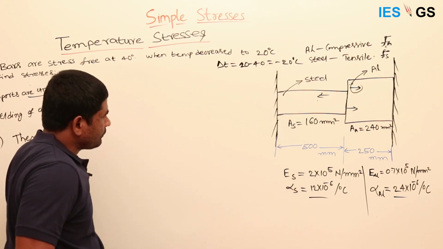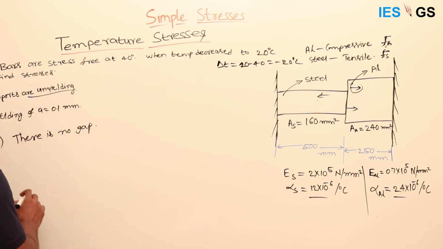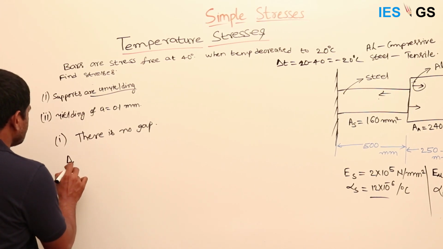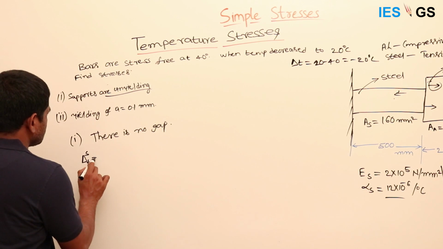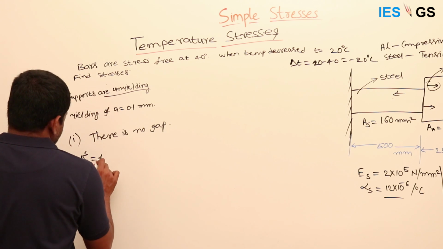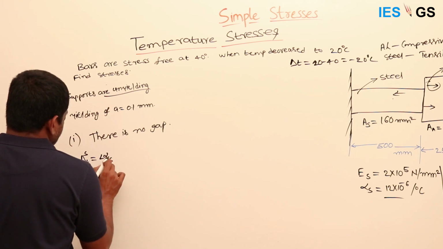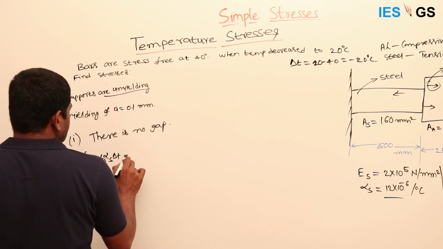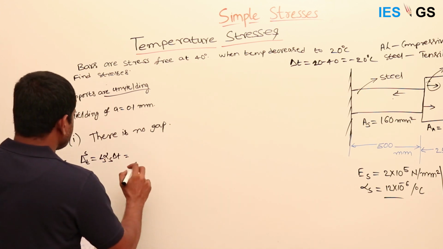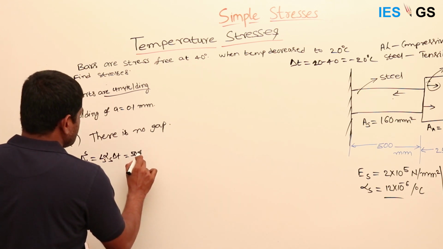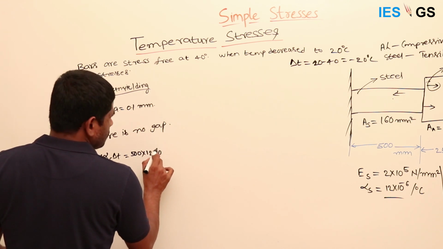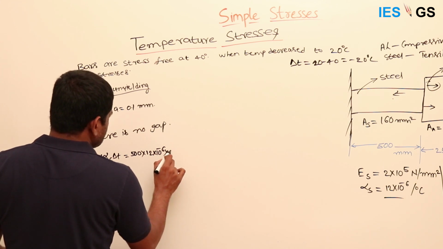First we will calculate the thermal elongation due to thermal change. So delta Ts equals Ls alpha S delta T. Ls, the length of the steel rod, is 500 mm, into alpha value of steel is 12 into 10 power minus 6, into delta T 20.